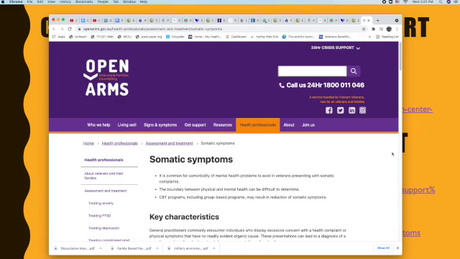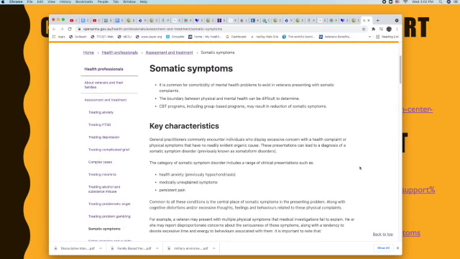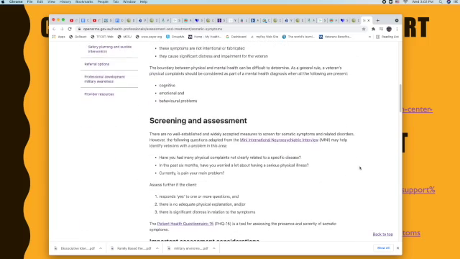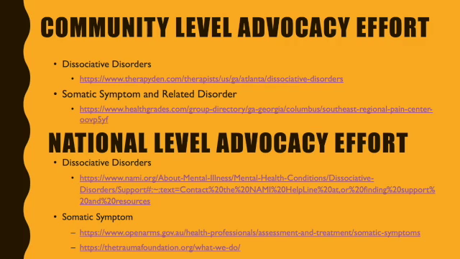So here is an organization called Open Arms that provides assistance to veterans and families for counseling, with things like anxiety, depression, and somatic symptom disorder. They have a 24-hour 1-800 hotline that can help family members in working through this.